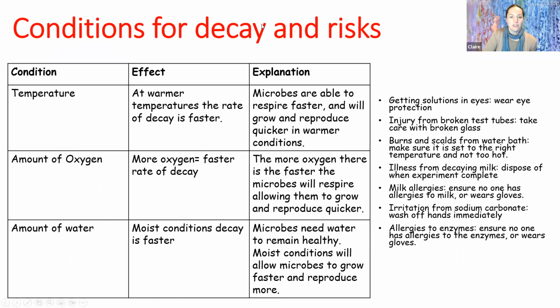Yes. Conditions for decay and risk factors. I've just put this in a nice little summary. So condition: temperature, amount of oxygen, amount of water. These three factors increase decay. I've just gone through with the student a question about Mount Vesuvius and why all the people there have been preserved so beautifully. And it's these three factors, basically.